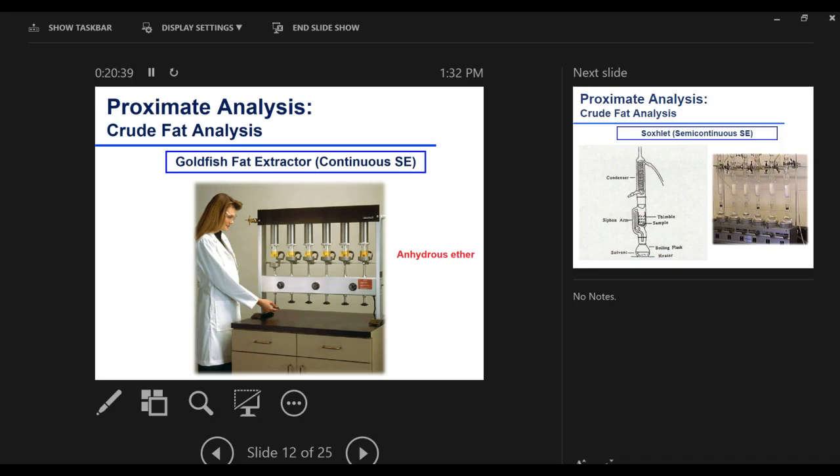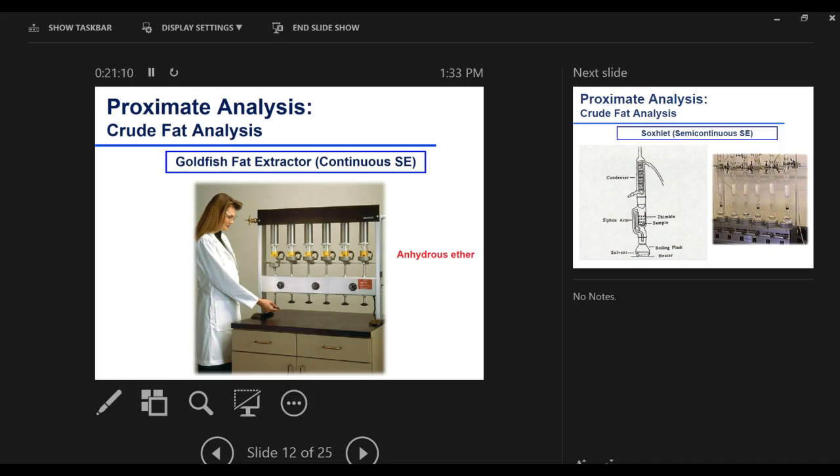So you weigh your sample in, you put your glass wool, and then you put it in a glass tube, but it's open from here. And that you hook up to the condenser. So that's your condenser with water circulating. And then you have a beaker that you put your solvent in.